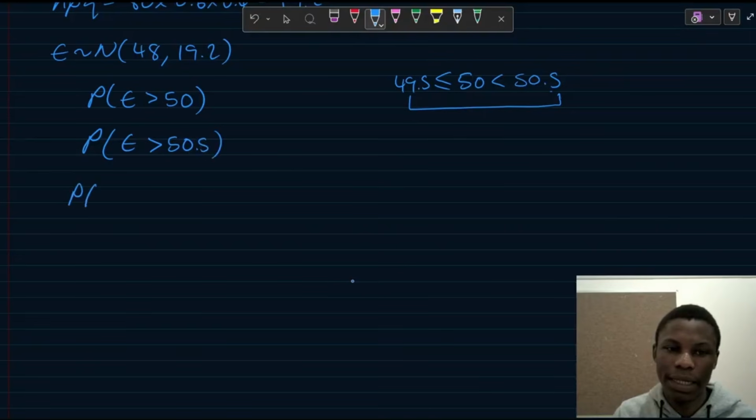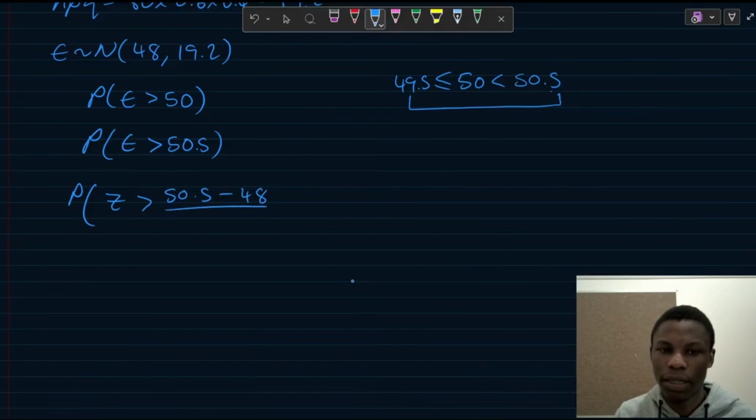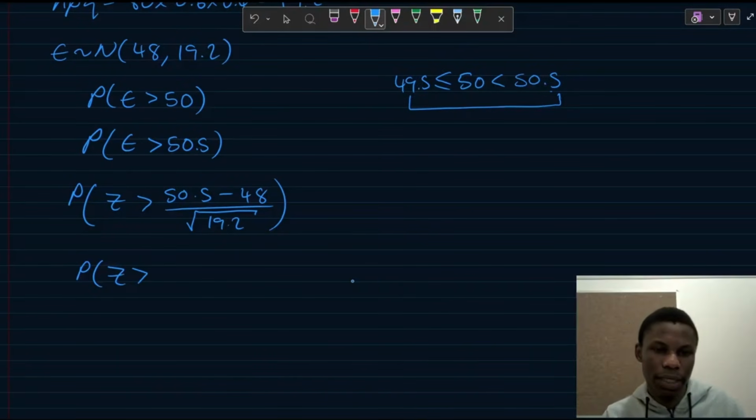And now we can standardize. So this becomes z is greater than 50.5 minus the 48 over our standard deviation, which is square root of our variance. And so that's probability that z is greater than, punch that into the calculator, that is 50.5 minus 48 over the square root of 19.2.